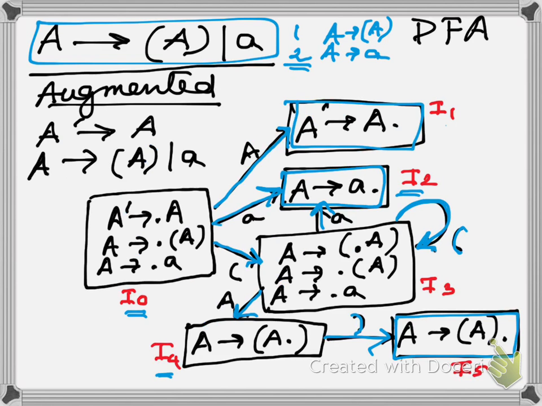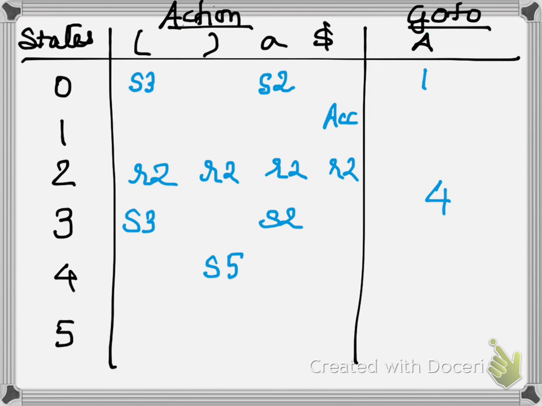Now I5 again is a final state, so it is going to be a reduce move. Which production are we going to reduce by? Because this is A derives A parenthesis A dot, we'll reduce it by production 1. So reduce 1, reduce 1, reduce 1. So this is how you can construct the parsing table for the LR0 parser.